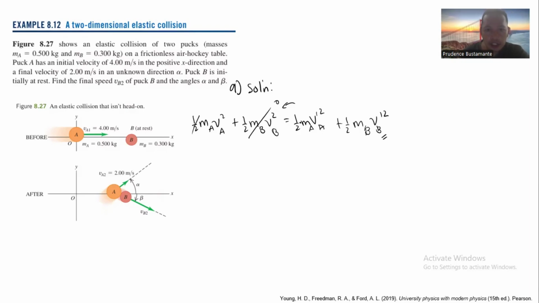So we can cancel the 1/2. We have the mass of B times the final velocity of B squared is equal to the mass of A times the velocity of A squared minus the mass of A times the final velocity of A squared. So we have MA times the velocity of A squared minus MA times the final velocity of A squared.